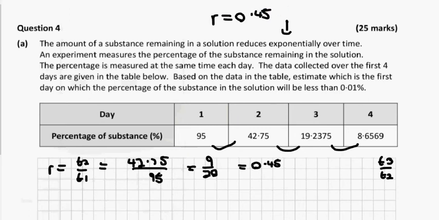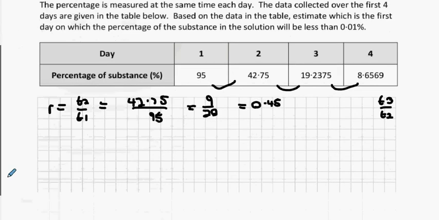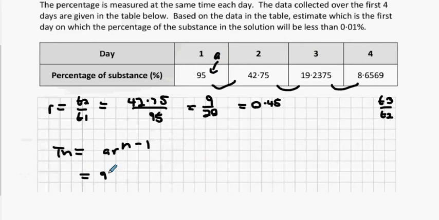Okay, now for Tn of a geometric sequence, Tn equals A R to the n minus 1. A is 95, so it's going to be 95 by 0.45 to the power of n minus 1.